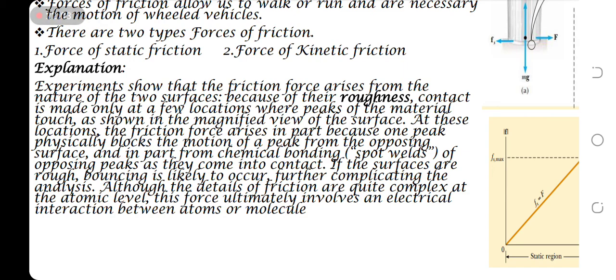We see if the surfaces are smooth and slippery, no friction will be produced. If there is some roughness between the two contact surfaces, then the roughness can produce friction.